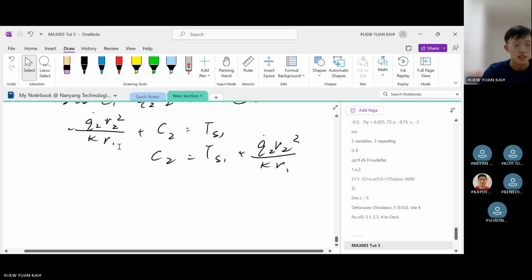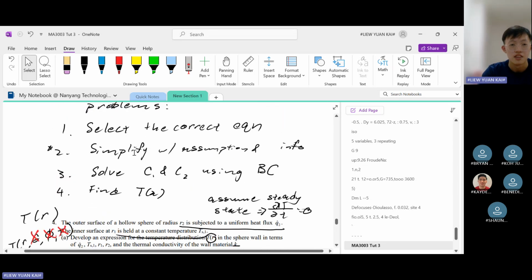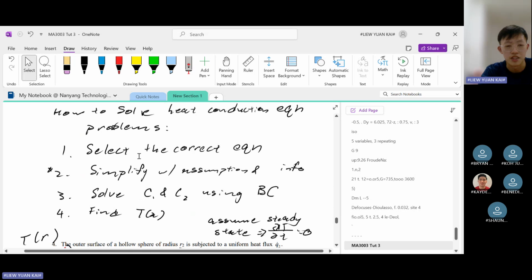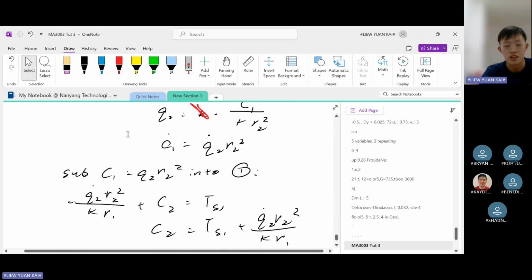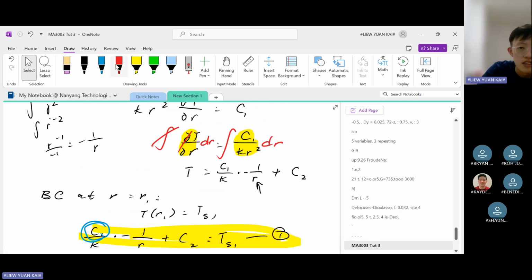Okay, so let's review our steps. The first step, we selected the correct equation, which is a spherical equation. The second step, simplify with assumptions and information, which we already did. Then we solved for C1 and C2. Now we have to find the temperature distribution, which is what they want. After you found C1 and C2, we substitute them back into our equation for T of r.